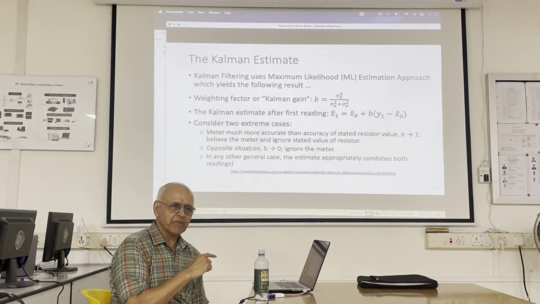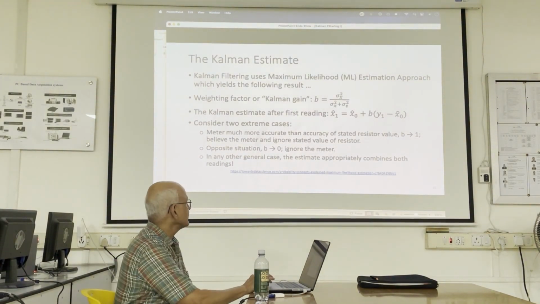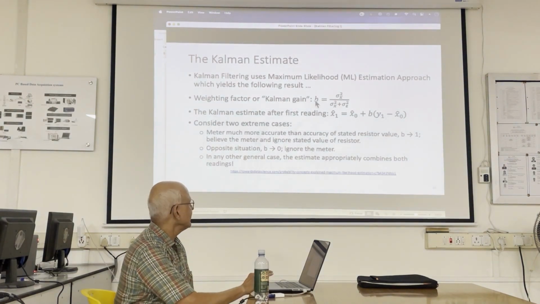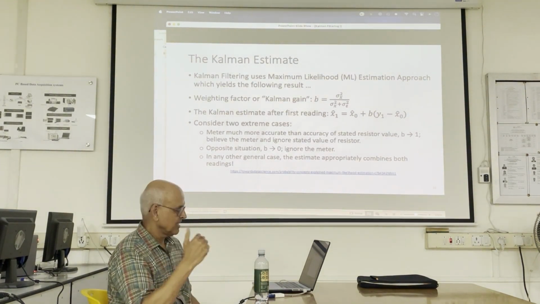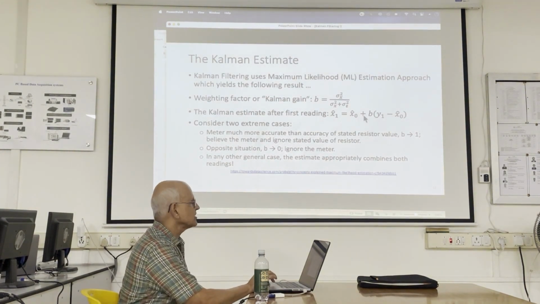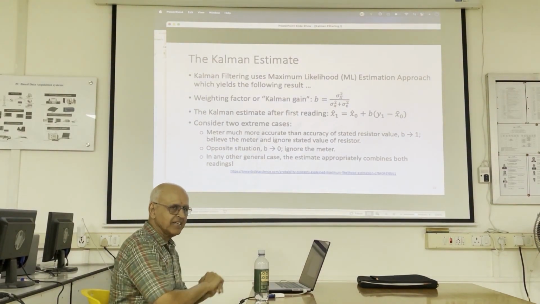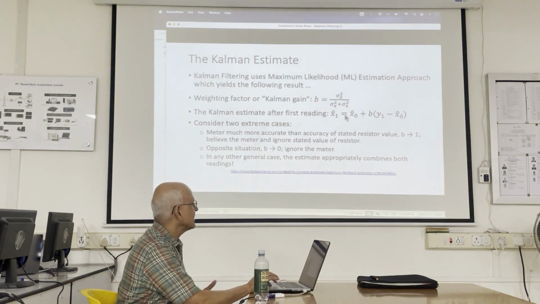So Kalman formally derived this, and he got this result that B makes perfect sense. It takes a little bit of X0 and a little bit of Y1. Having said that, it's nice to split it up into 1 minus B and B, because that's better for understanding, but in terms of implementation, this is the form they use.